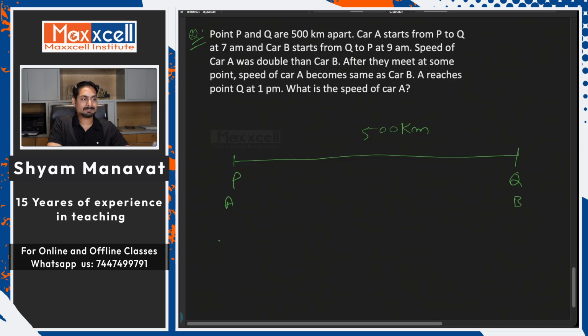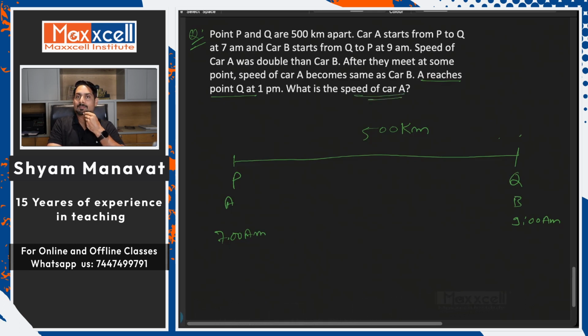Car A starts at 7 am and B starts at 9 am. The speed of car A is double that of car B. After they meet, the speed of car A becomes the same as car B. A reaches point Q at 1 p.m. What is the speed of car A?